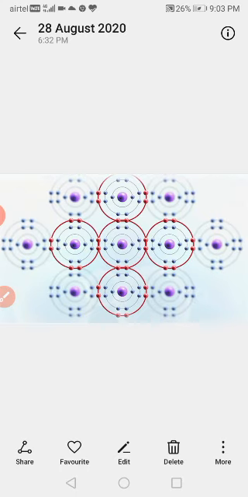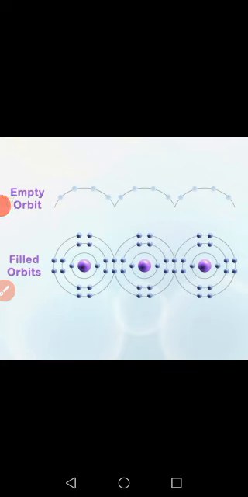the valence band. And there will be some empty states, as we know. If the 2s is filled and 2p is filled, then definitely there could be some 3s state in which there is no electron, and that will be empty. So here you can see these are the filled orbits for these atoms, and here in particular we are discussing the silicon atom, and these are the filled orbits.